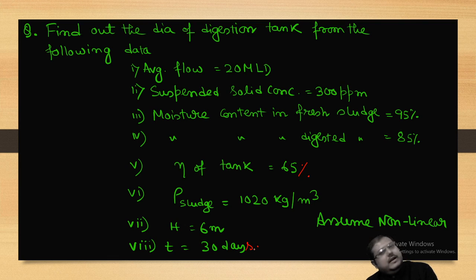Average flow 20 MLD, suspended solid concentration 300 ppm, moisture content in fresh sludge 95%, moisture content in digested sludge is 85%, efficiency given as 65%, raw sludge given, age given, T given. Assume non-linear.